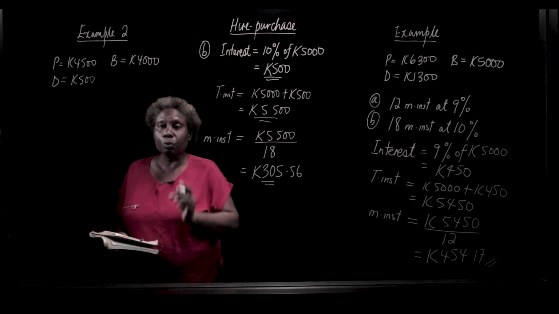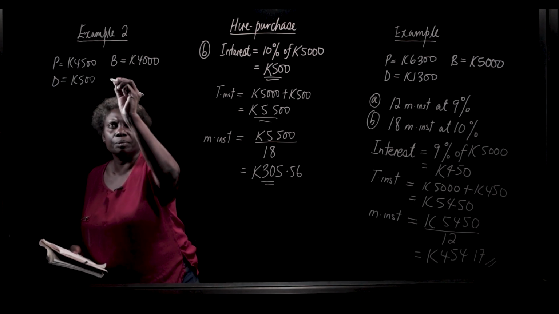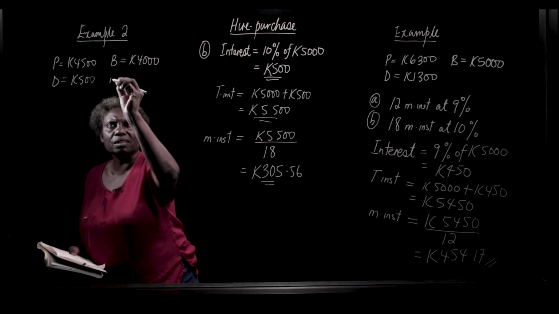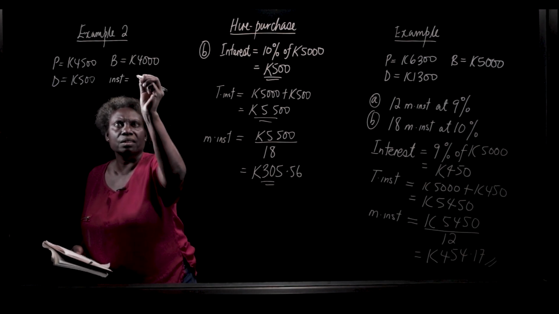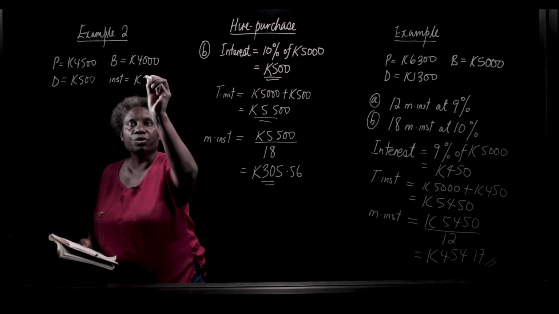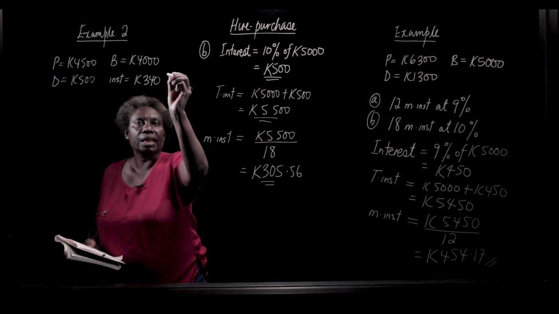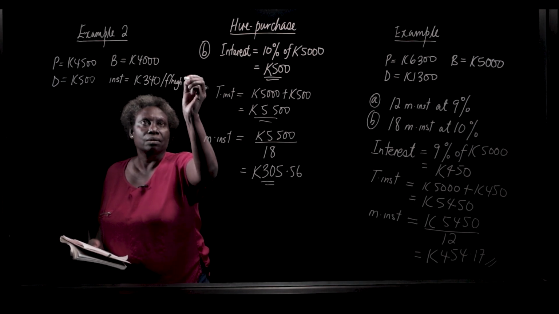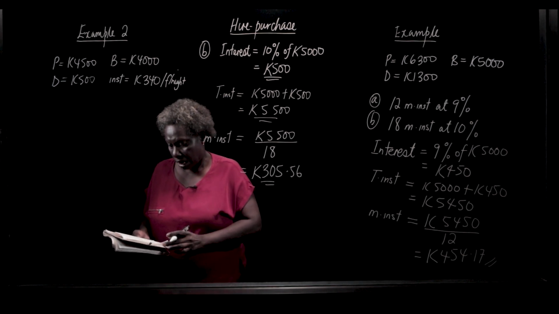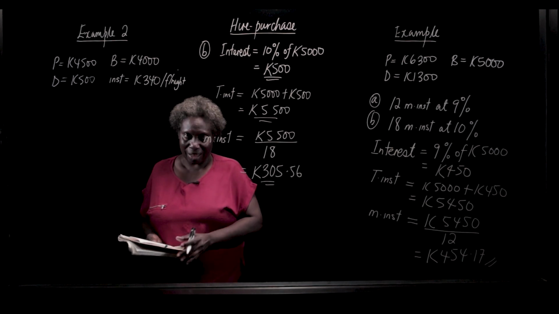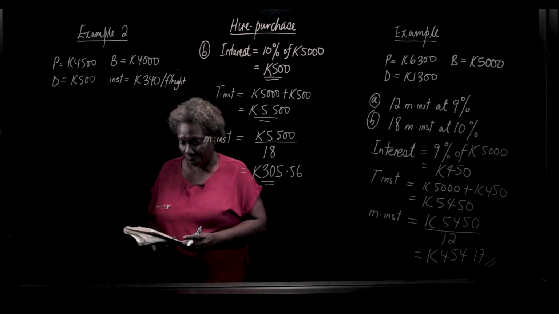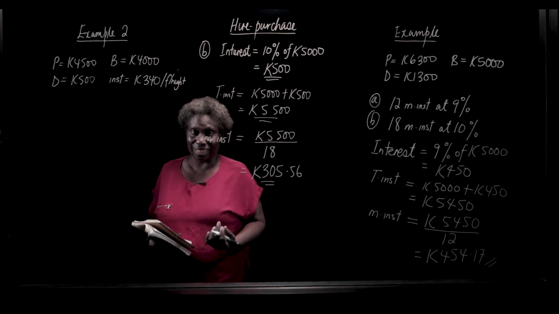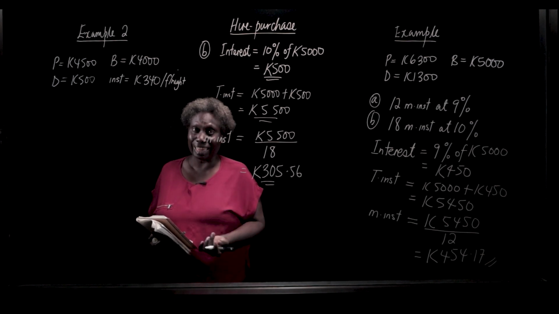The installment that he has agreed to pay is 340 kina per fortnight for 6 months.